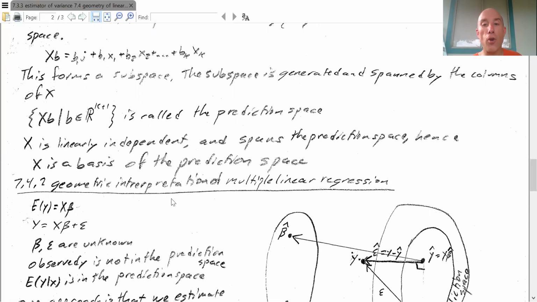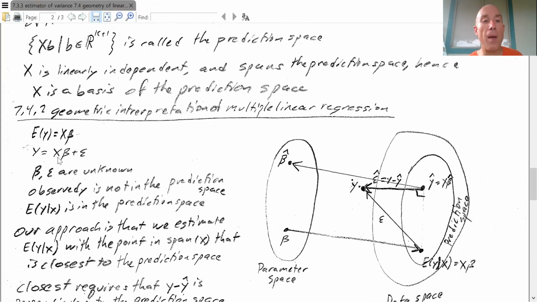So the geometric interpretation of multiple linear regression is really a projection. We're taking the closest point on our prediction space to the point that we have with our data. So we know that the expected value of y is x times beta. Our only statistical assumption in this derivation is that the expected value exists, and this is what it is.